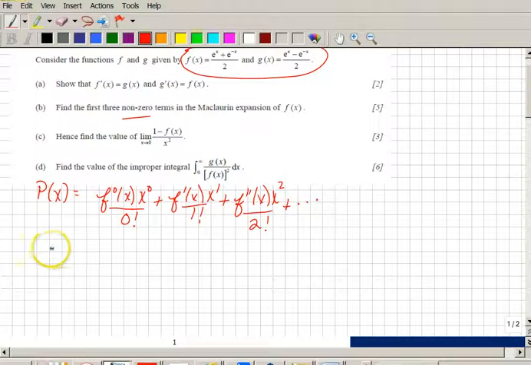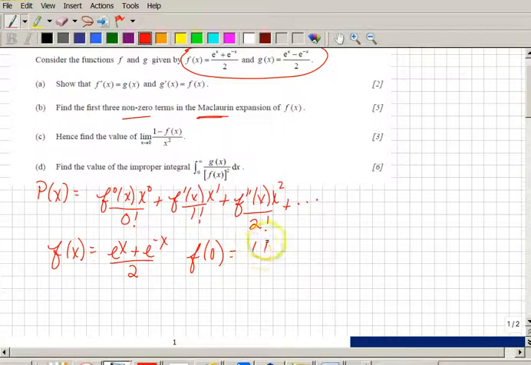So first of all, let's write down f of x again, which is e to the x plus e to the negative x, all over 2. And since it's Maclaurin, we know this is centered around 0, so we want f of 0. So if you plug 0 in there, you get e to the 0, which is 1, plus e to the negative 0, which is still 1 over 2. 2 over 2 is 1. So there's our value of f of 0.